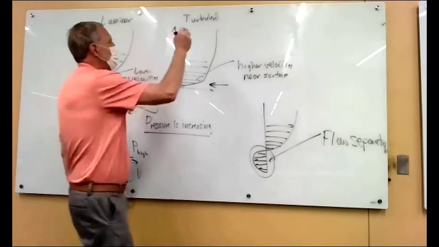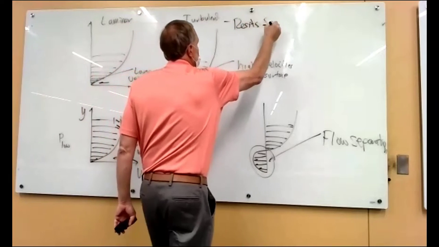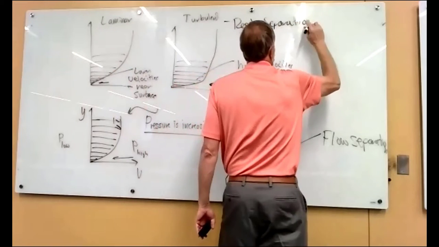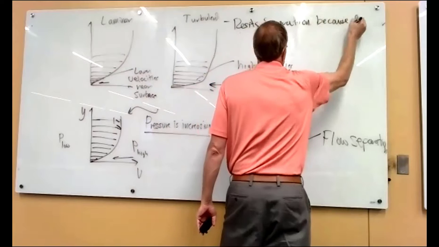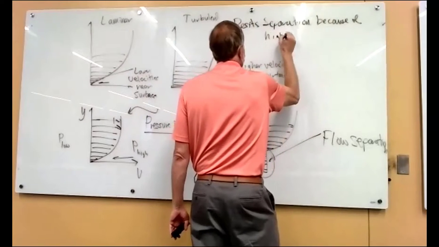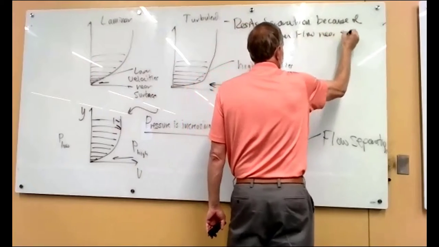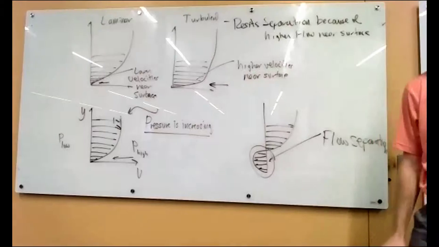So a turbulent boundary layer resists separation because of the higher flow near the surface.